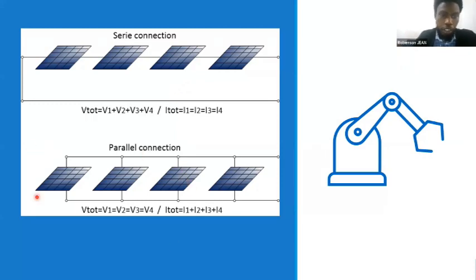And the parallel connection is this. We have the terminals connected together, positive with positive, negative with negative, and the global voltage is the same for each one of them. And once again, we should not connect together different types of photovoltaic modules, because the one that has the lesser voltage will have a receptor behavior, and the other one will have a generator behavior and inject energy to it.